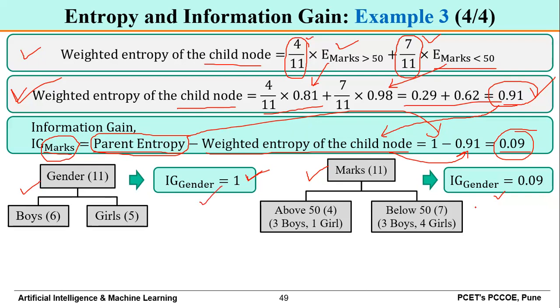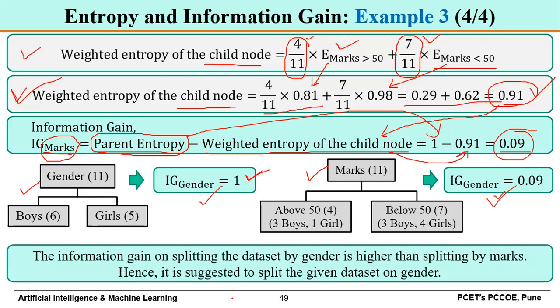Now when we compare these two values, we can easily say that it is better to go for splitting based on gender instead of marks. So the information gain from splitting the data set by gender is higher than splitting by marks. Hence, it is suggested to split the given data set on gender.